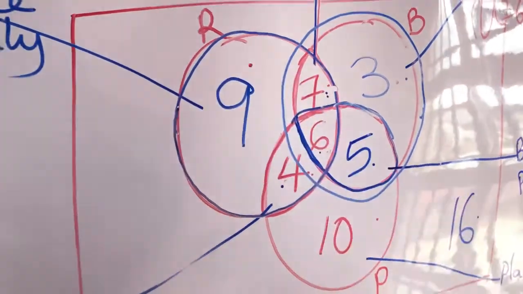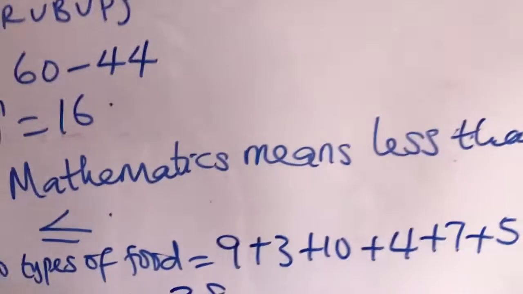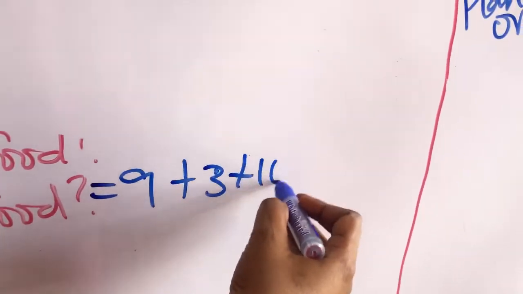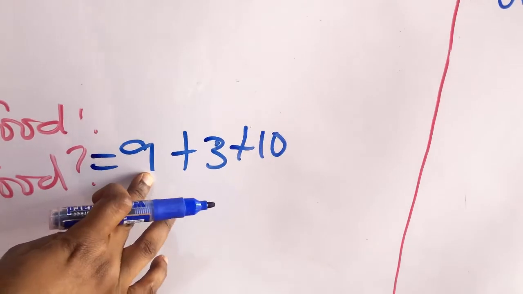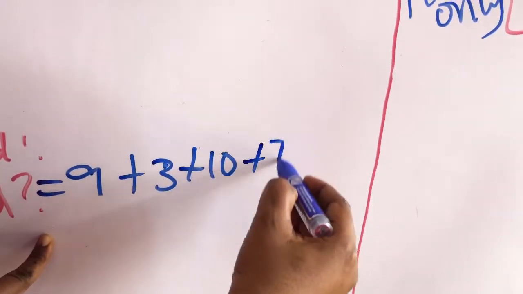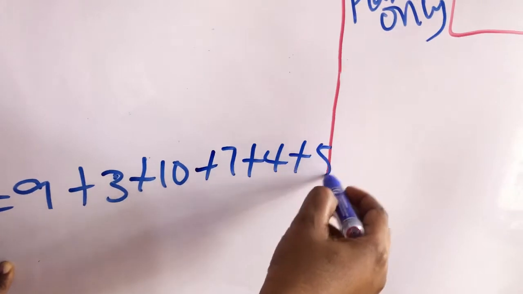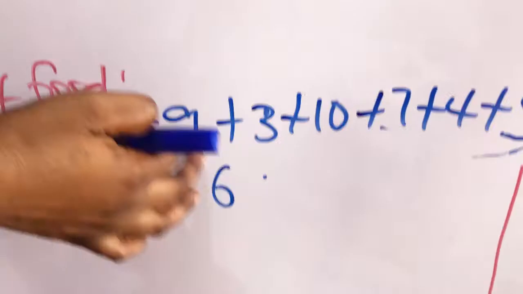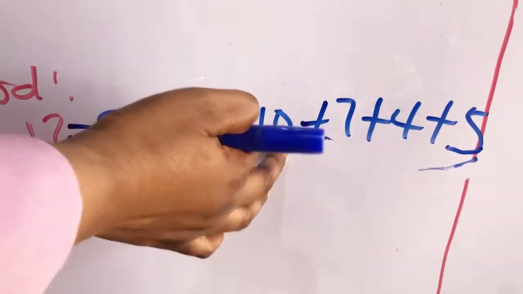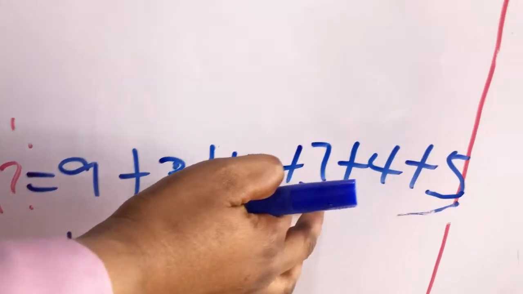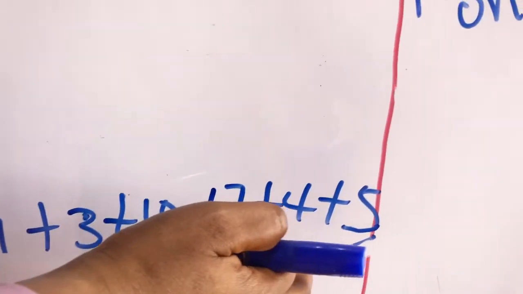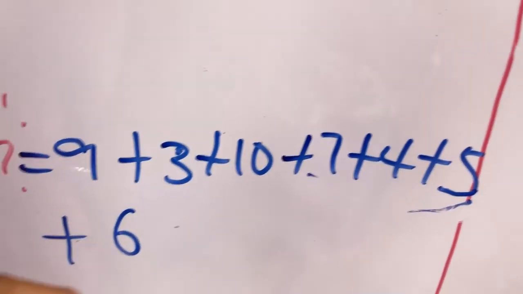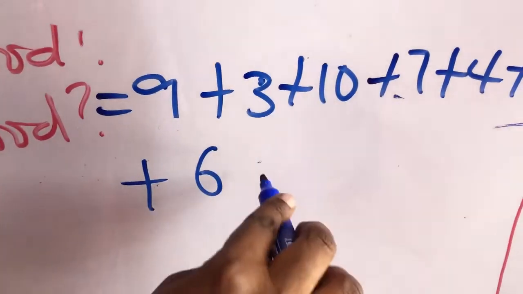So it will be 9 plus 3 plus 10, those that like only 1 food, then plus 7 plus 4 plus 5, those that like 2 foods, plus those that like 3 foods, plus 6. 3 plus 9 is 12. 12 plus 10, 22. 22 plus 7, 29. 29 plus 4, 33. 33 plus 5, 38. 38 plus 6, 44. It is equal to 44.